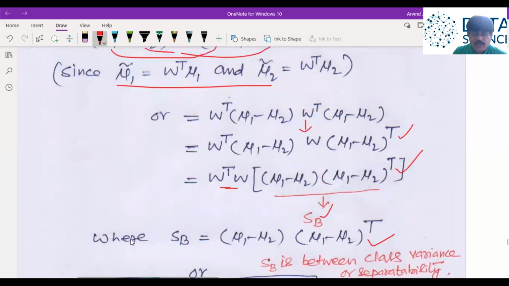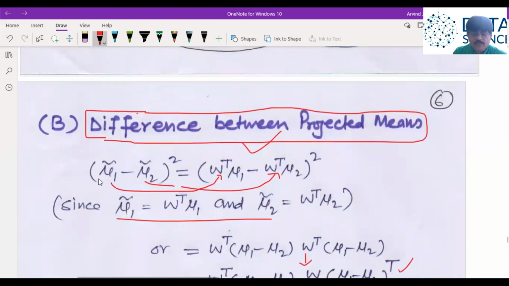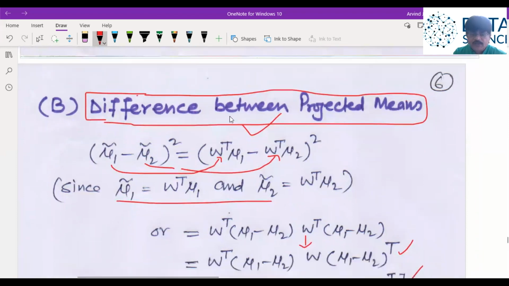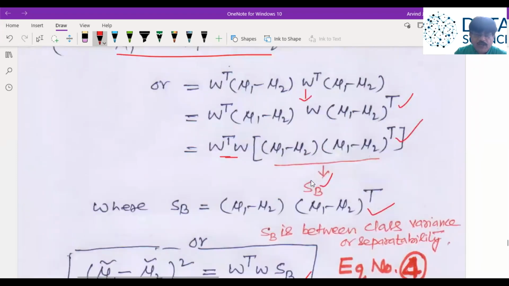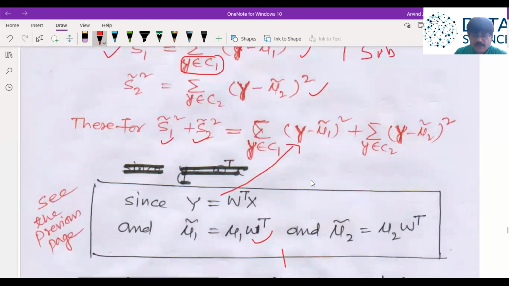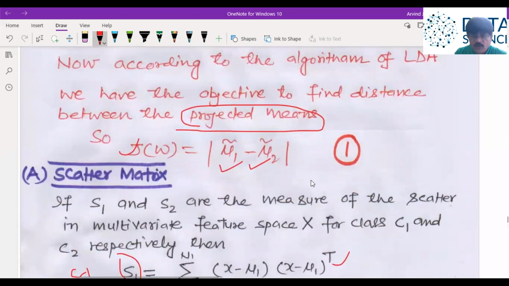So we can say that this part, projected mu1 minus projected mu2 whole square, comes out to be, in the form of this equation number 4, W^T S_B W, right? So now we have the objective function in the form of equation number 1, to find the distance between the projected means.